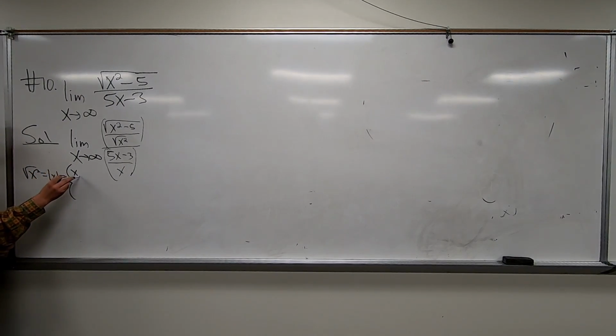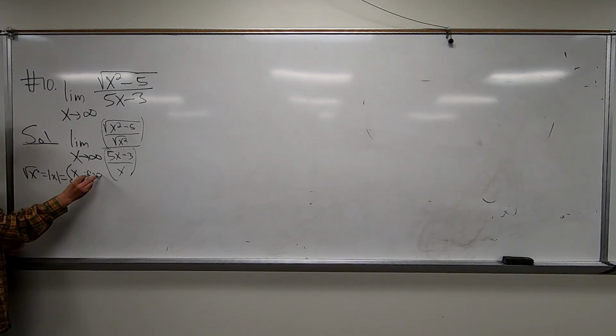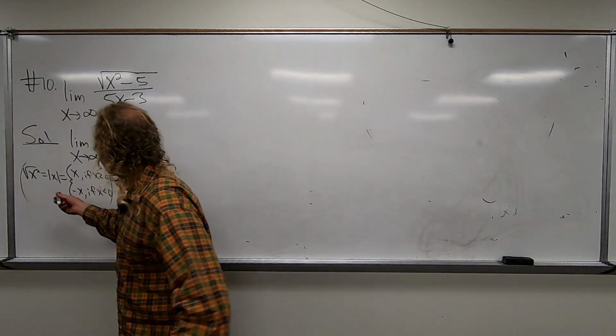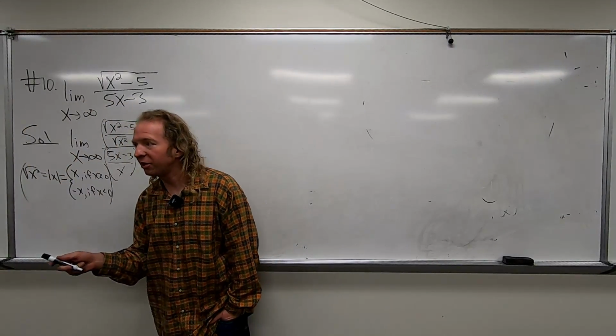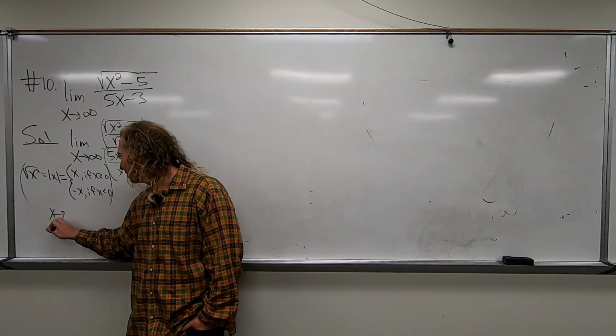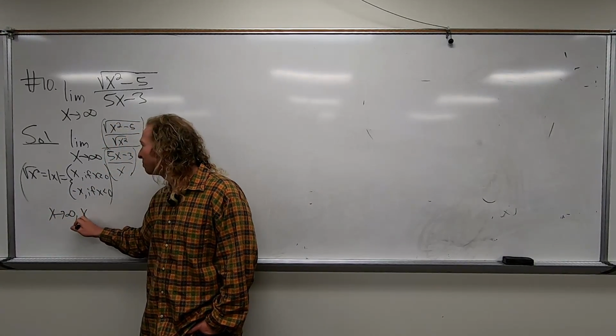It's equal to x if x is greater than or equal to 0, and it's equal to minus x if x is less than 0. So just like the previous example, this is the case. And in this particular case, x is approaching infinity. Because x is approaching infinity, that means x is positive.